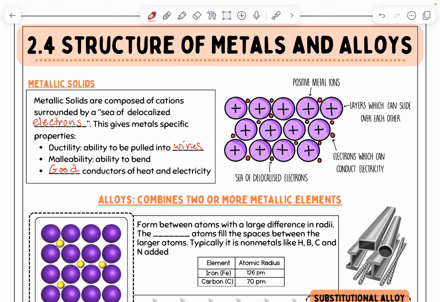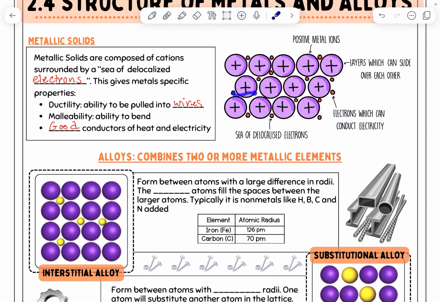So again, we have these positive cations here, and we have these electrons that are able to move freely around the cations. So a sea of delocalized electrons. And that's what allows them to conduct electricity so well, the electron movement.